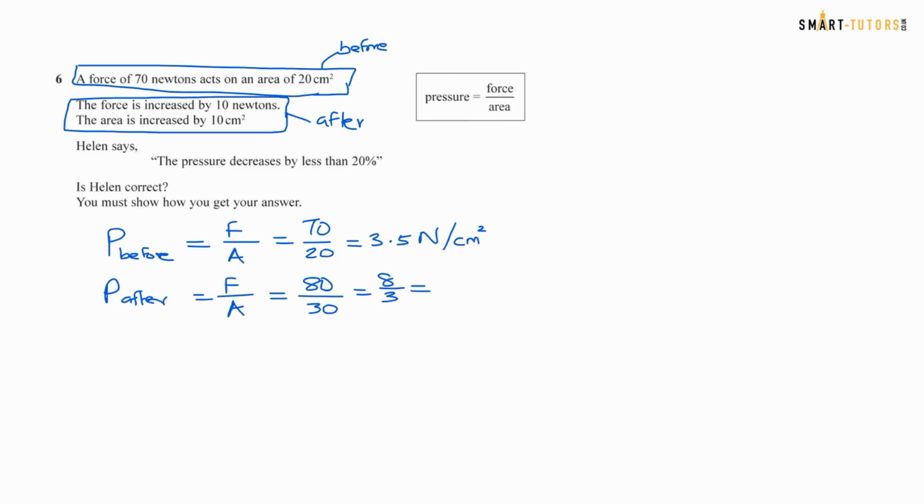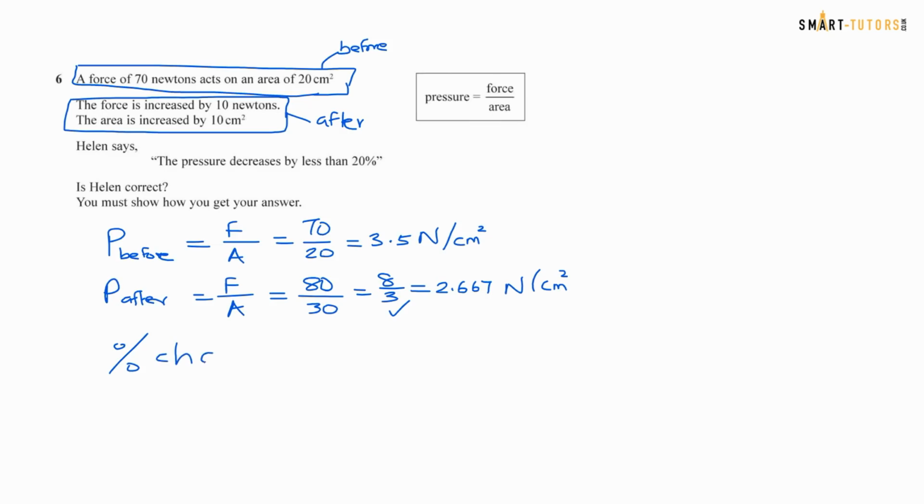So 8 over 3 is the fractional answer. You can still press the calculator and get a decimal answer if you like, 2.667, a recurring decimal. You can use either 8 upon 3 or 2.667 newtons per centimeter squared. So one is before and one is after.